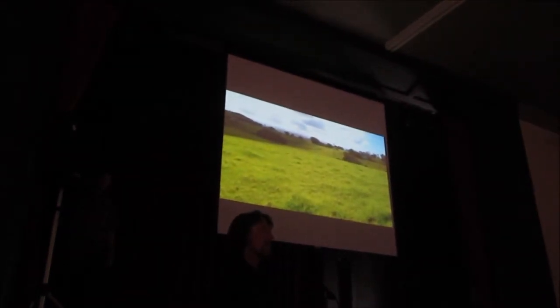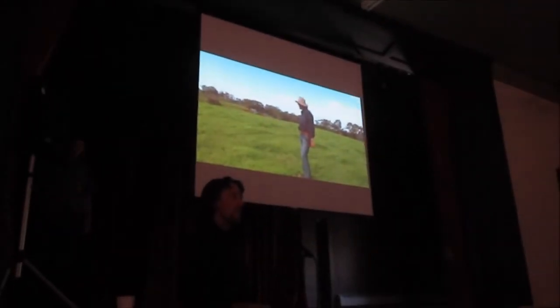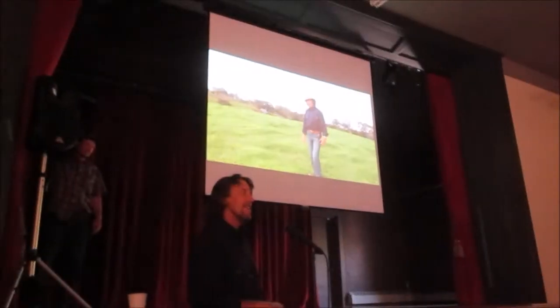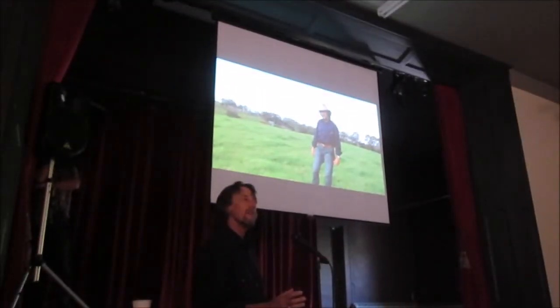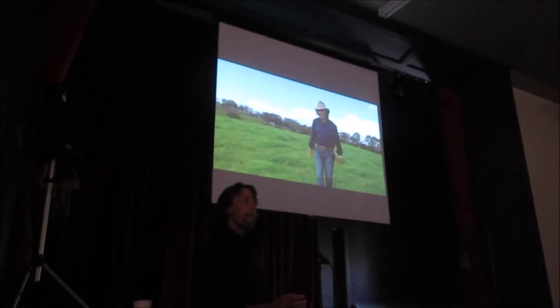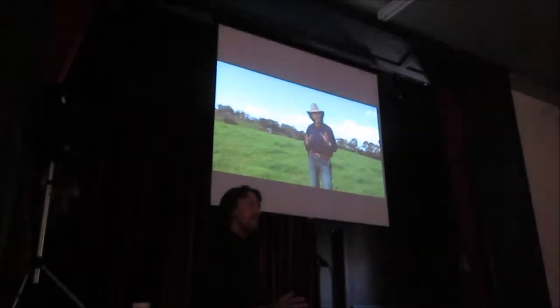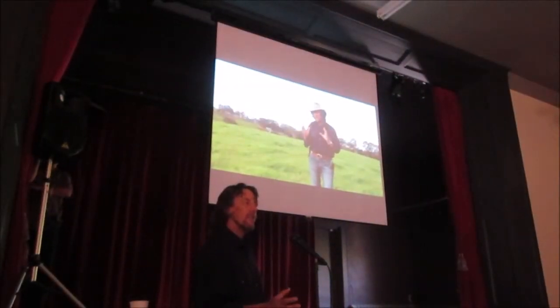Really what we need to be able to do is understand landscape in profile. We have to look at land and identify elements in land that give us planning points and lines and contours.